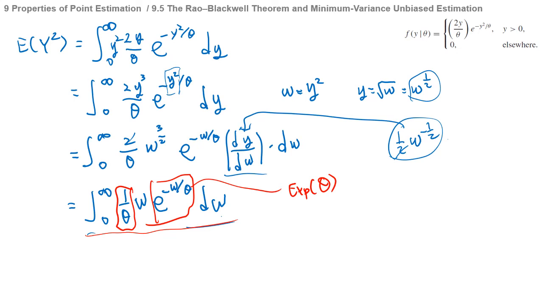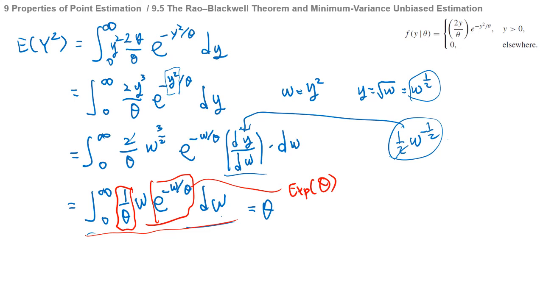So the result of this integration is theta, because if w follows an exponential distribution with parameter theta, then the expected value of w is theta. So the expected value of y square is theta, and then probably it's easy to find the unbiased function of the sufficient statistic.